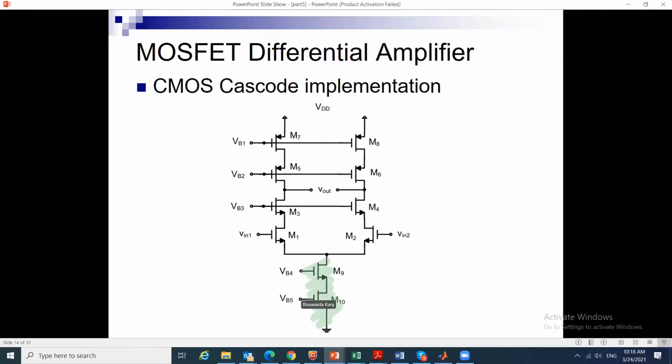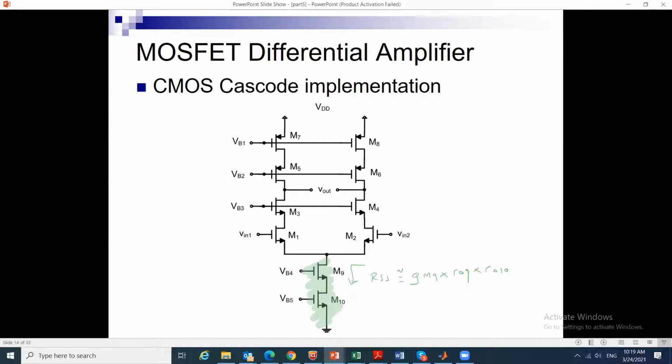It has an RS, and the RSS is really looking into two stacked transistors, which we can approximate as GM9 times RO9 times RO10 approximately if I want to remove the other terms. So I am done with this.